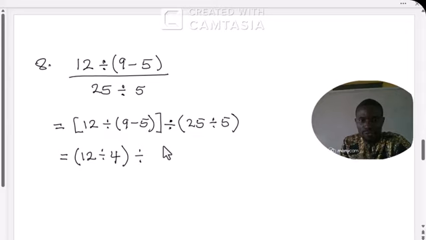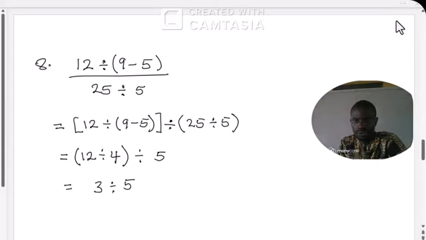So 25 divided by 5 is going to give you 5. The next is we are still going to remove the bracket. The operation inside the bracket is division. So 12 divided by 4 will give us 3, divided by 5.